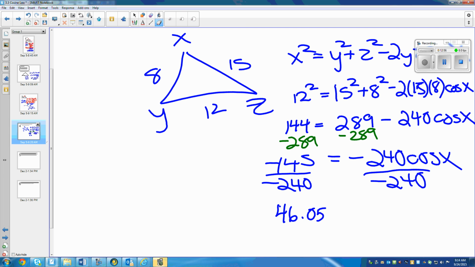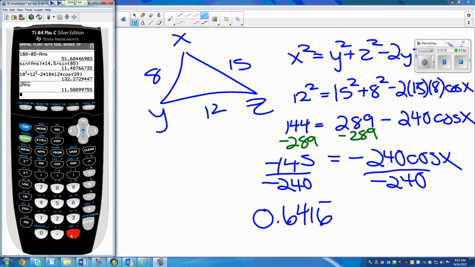Oh. Decimal. Am I right? 46? No, that's not right. How would I just use my calculator? My hearing's not very good. Negative 145 divided by negative 240.